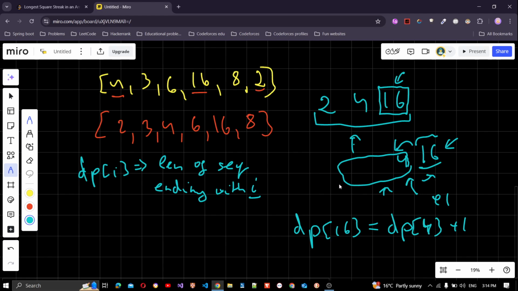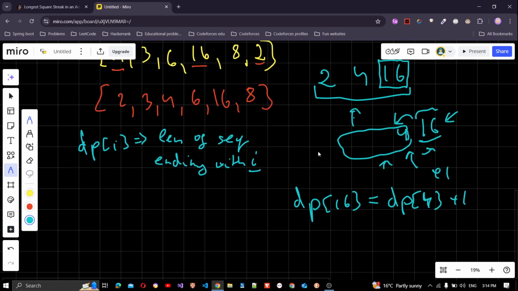If such a sequence does not exist, for example, if we take 8, there cannot be a sequence that ends with 8 other than 8 itself. Since we know that the length of the sequence has to be at least 2, this is not valid.